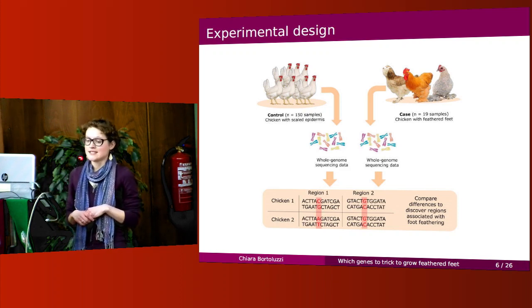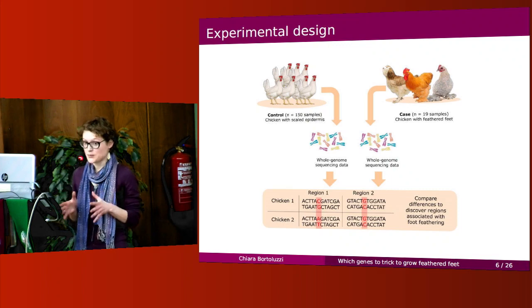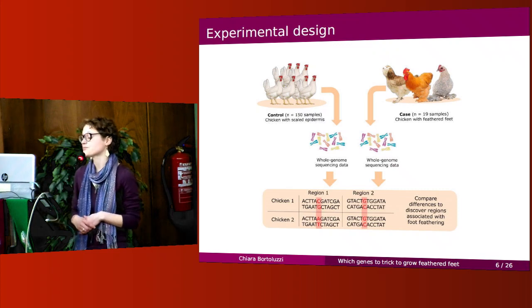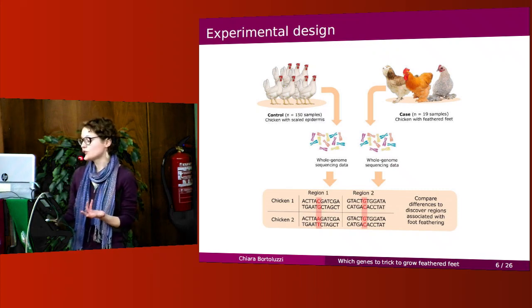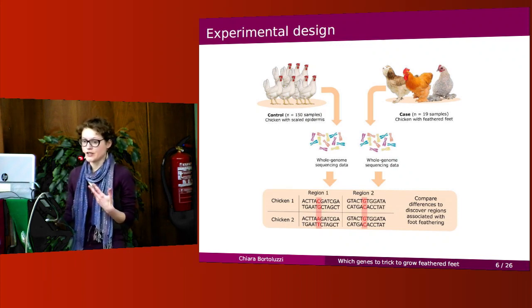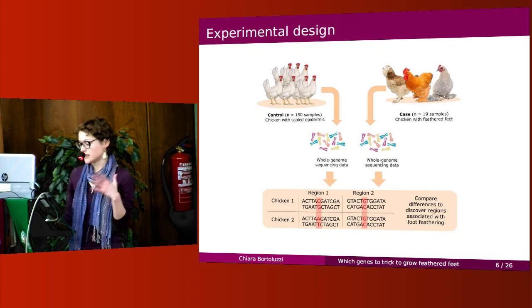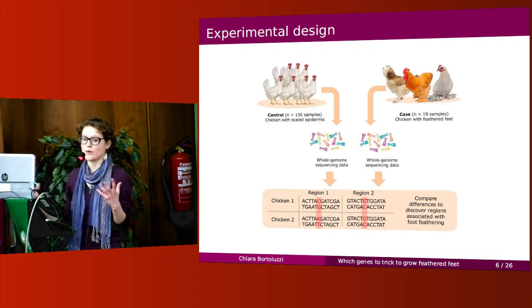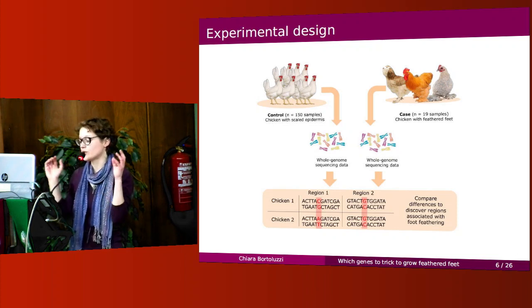And we had 19 samples that actually displayed the phenotype, with variation in terms of feather and level of feather development. With the genome-wide association study, we just compare the genomes of these cases and controls to see whether we could find some regions that were associated with the phenotype.